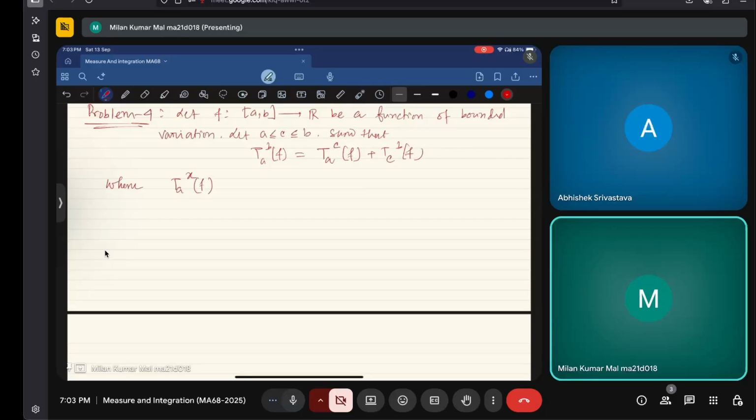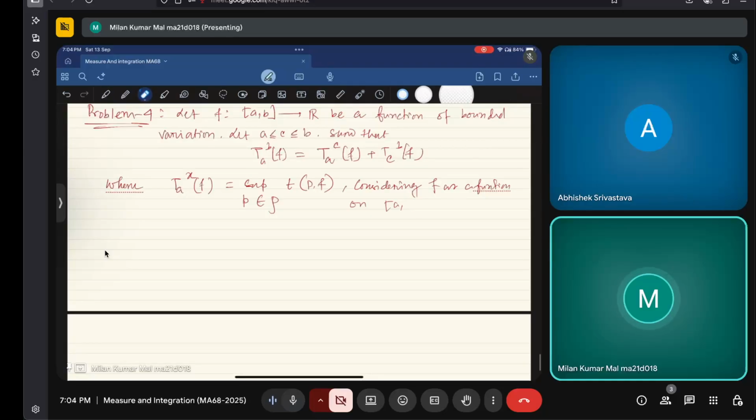And T_a^x f is equal to the supremum of this value, considering f as a function on [a, x]. This supremum will exist because the function is of bounded variation.